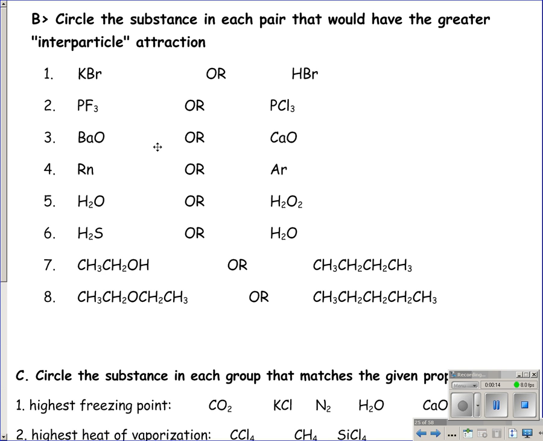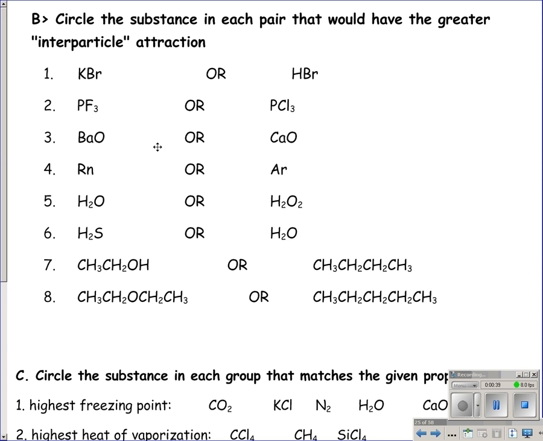You have to compare the type of particle attraction, either ionic and covalent, which is intra-particle attraction, or if they have the same type of intra-particle attraction, then you have to compare their intermolecular forces. Do both of these have ionic bonding? No. Ionic bonding and then covalent, it's a nonmetal and nonmetal.